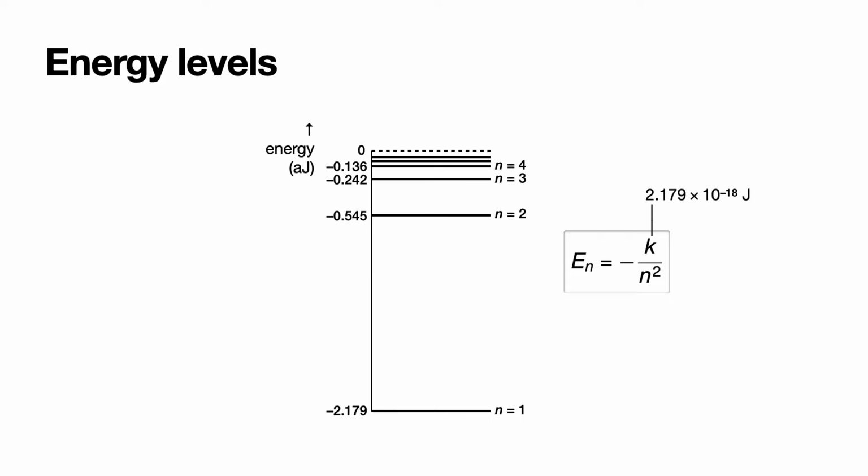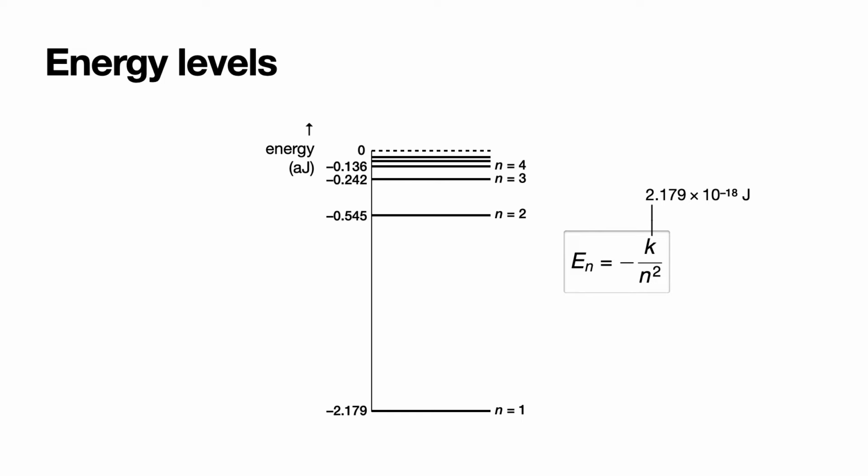That's the same expression that we saw in the Bohr model, and that constant, 2.179 attojoules, is also the same. And again, we've got this pattern where the energy levels get closer together as you go up in energy. And if the electron ever gets enough energy that it reaches the zero level, then it actually escapes from the atom, and that process is called ionization.